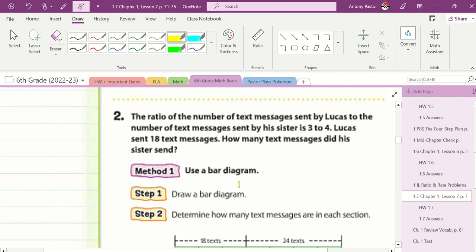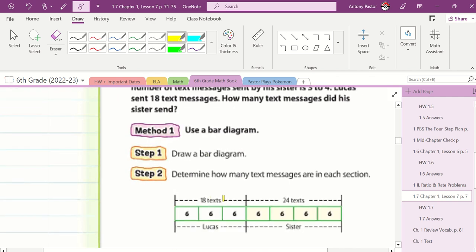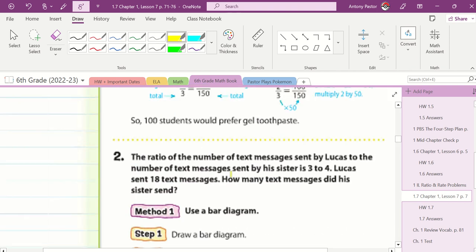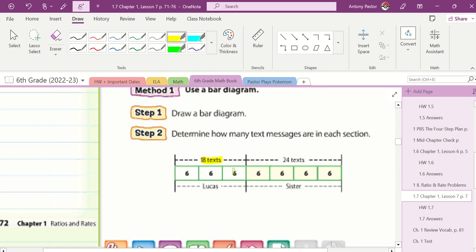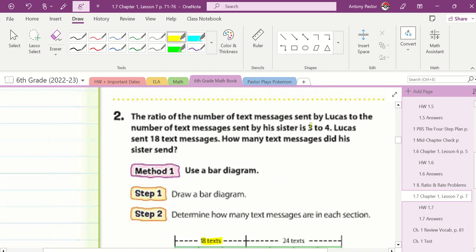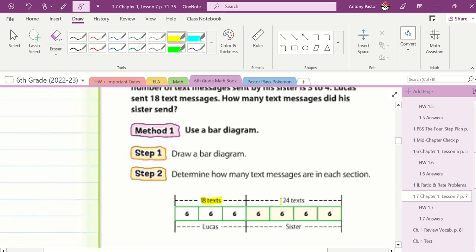Lucas sent 18 text messages. If we divide 18 by 3, which is the number that he had sent, you would get 6. So instead of dividing 18 by 4, we're going to do 4 6s. 1, 2, 3, 4, which means that she sent 24 texts.